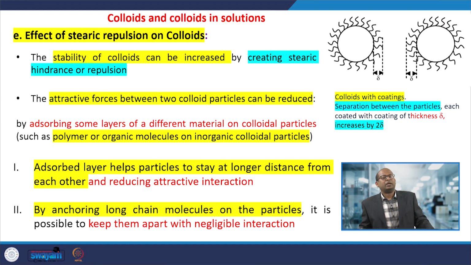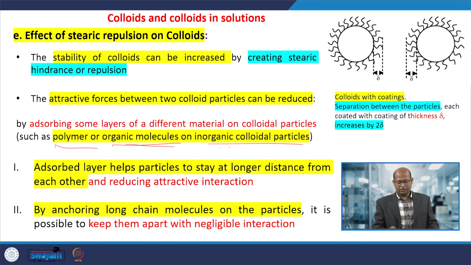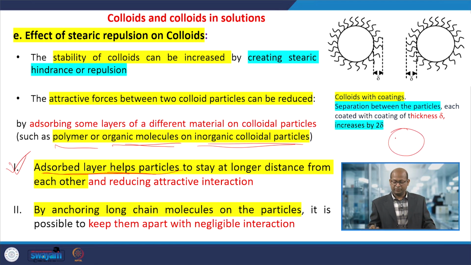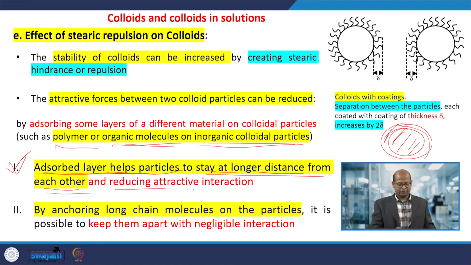Those layers may be polymeric or organic molecules, or inorganic on inorganic colloidal particles. In two ways we can develop these adsorbed layers over the surface. Suppose we have nanoparticles with some layer formation there, the particles would stay a longer distance from each other, therefore reducing the attractive interactions.